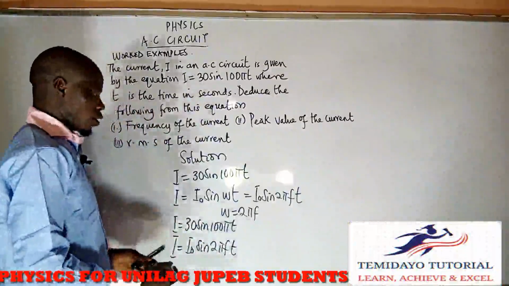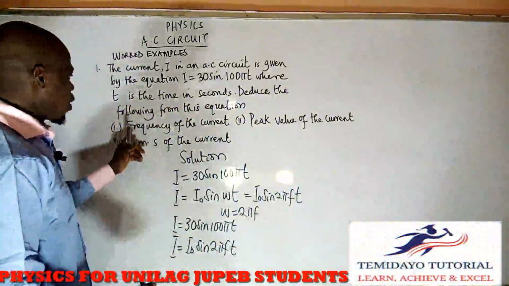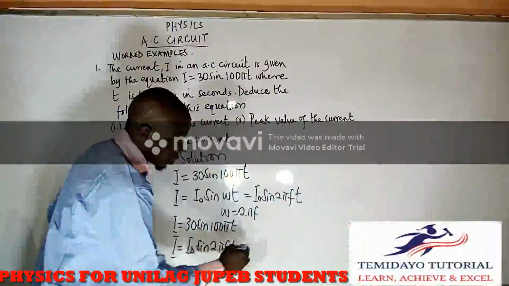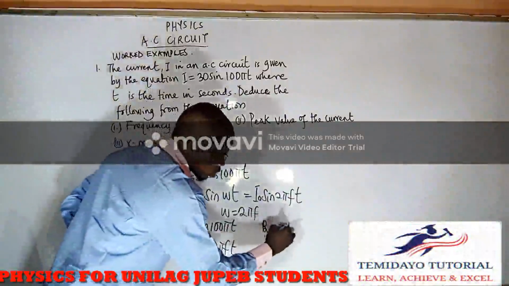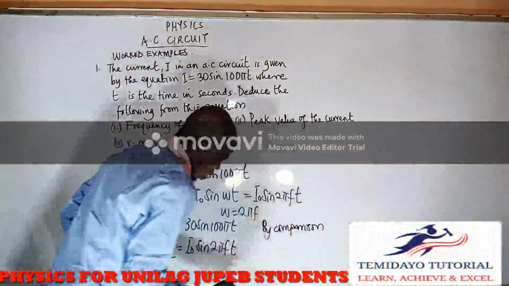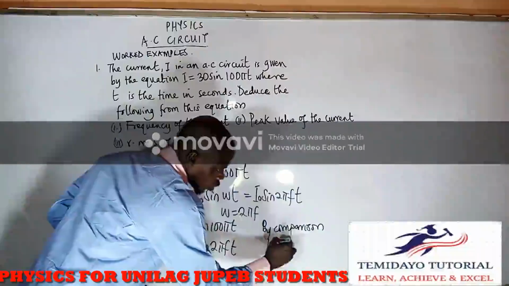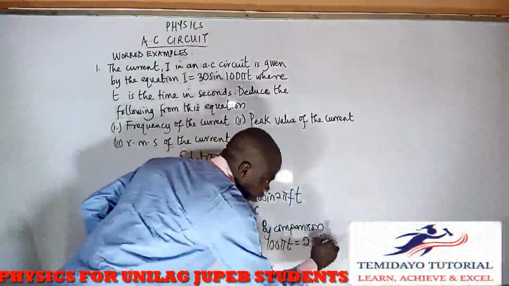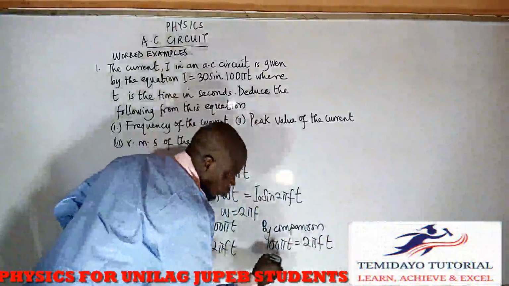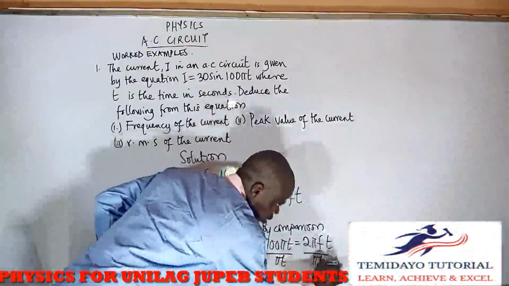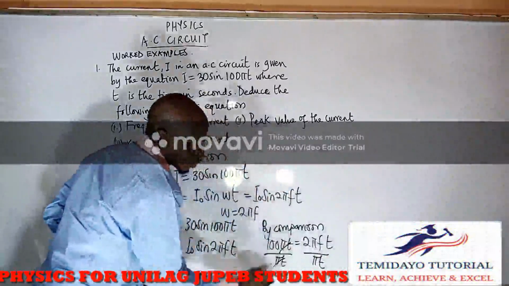The first thing is to determine the frequency. By comparison, we have that 100 pi t is equal to 2 pi f t. Divide both sides by pi t, so pi t cancels pi t.